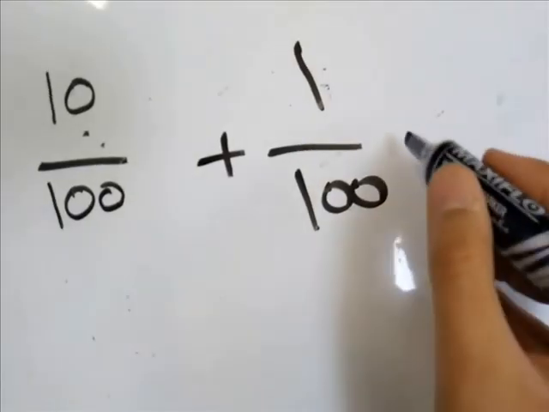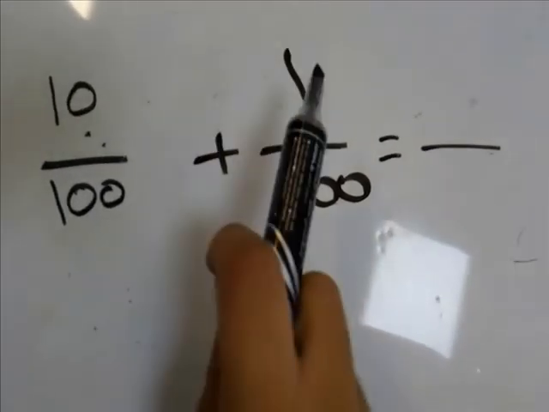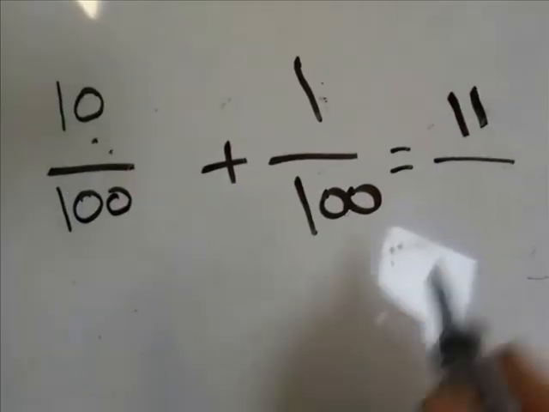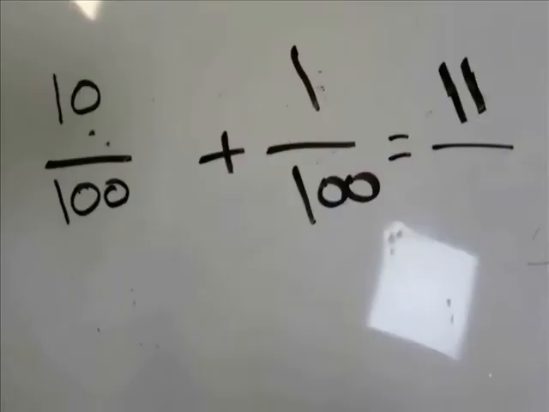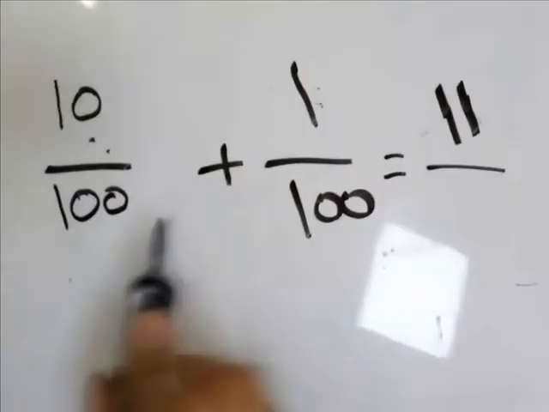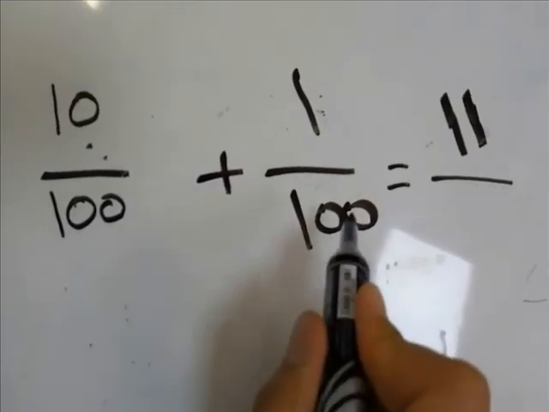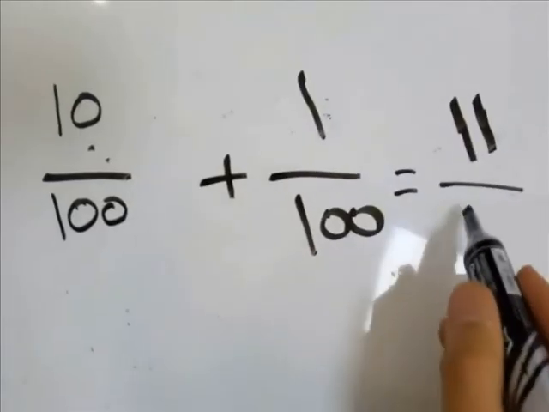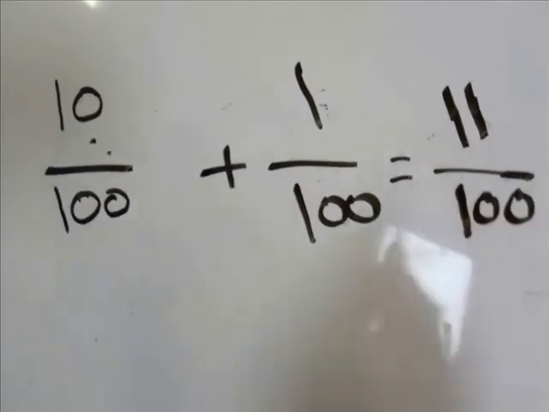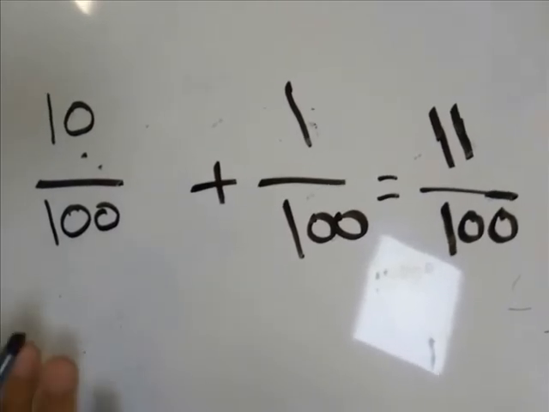Now finally, the result: I have here 10 and this is 1, they will be 11. And here the denominators are the same, so no change happened here. 100 plus 100 is still 100, because as we mentioned before, the denominators do not change.